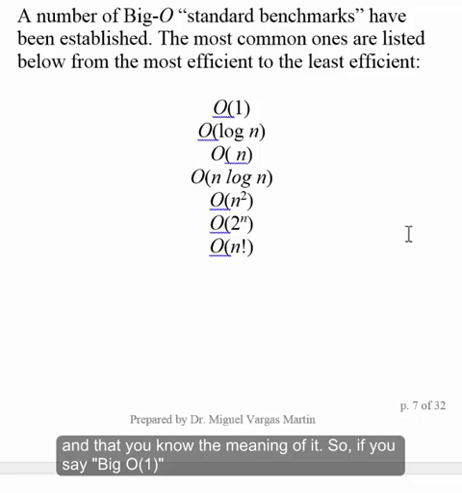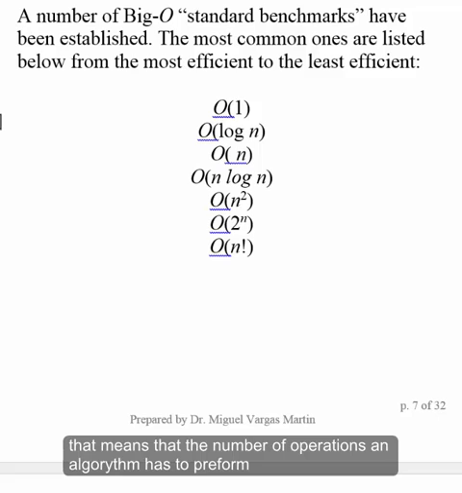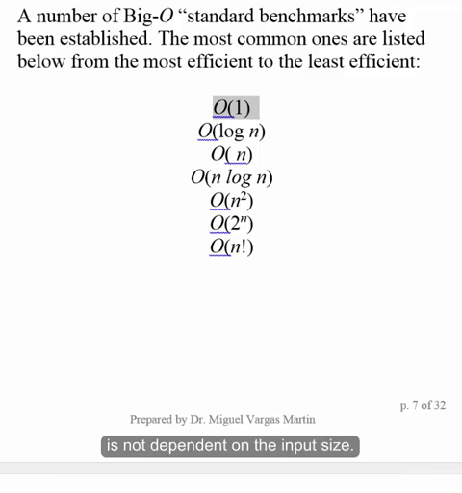So if you say big O of 1, that means that the number of operations that an algorithm has to perform is not dependent on the input size. So it will always execute a fixed amount of instructions to achieve its goal.